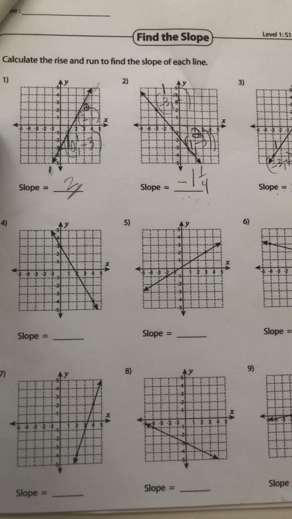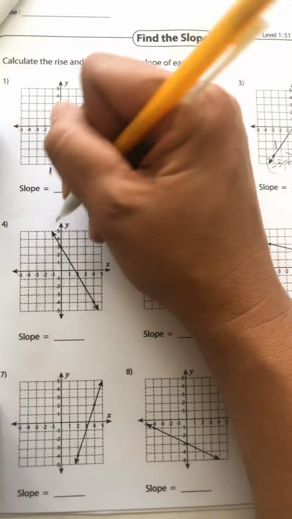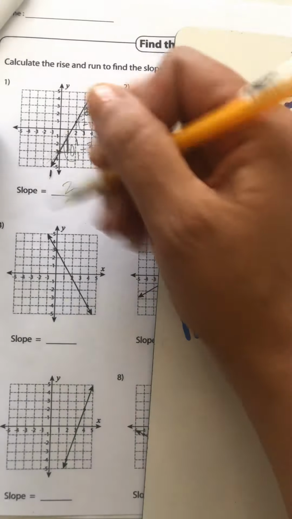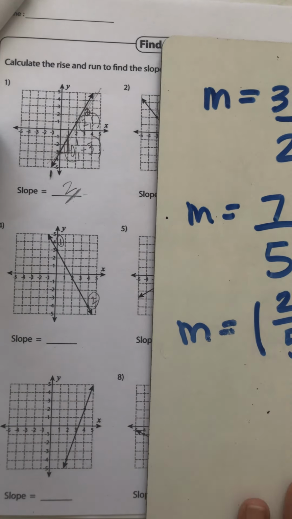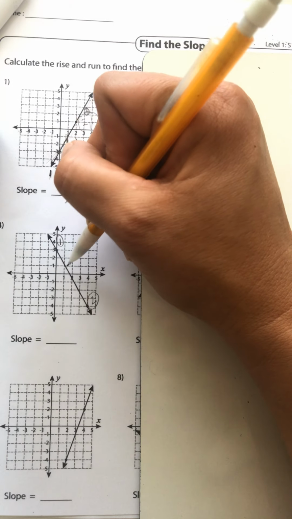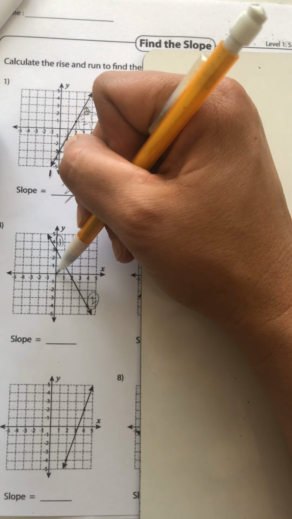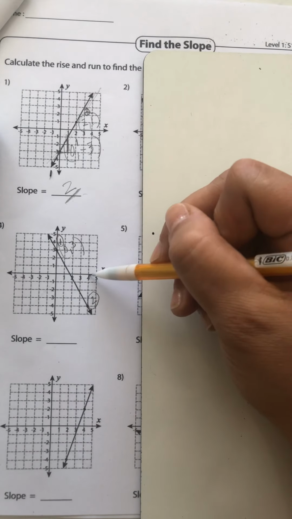Now, just looking at this, going from left to right, it goes downward, which means it is a negative slope. So I'm going to start with this one up here as point 1, and this will be point 2. My ordered pair for point 1 is 0, 3, and this one down here is 4, negative 4.